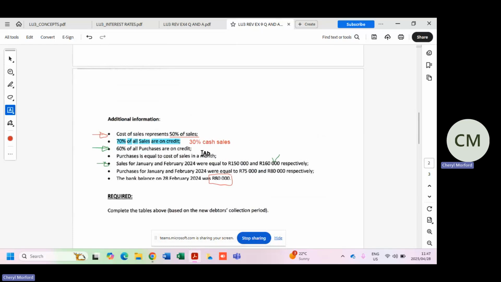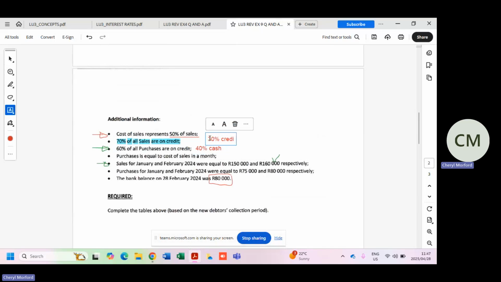So what does that also tell us? Therefore, the other 40% must be cash.